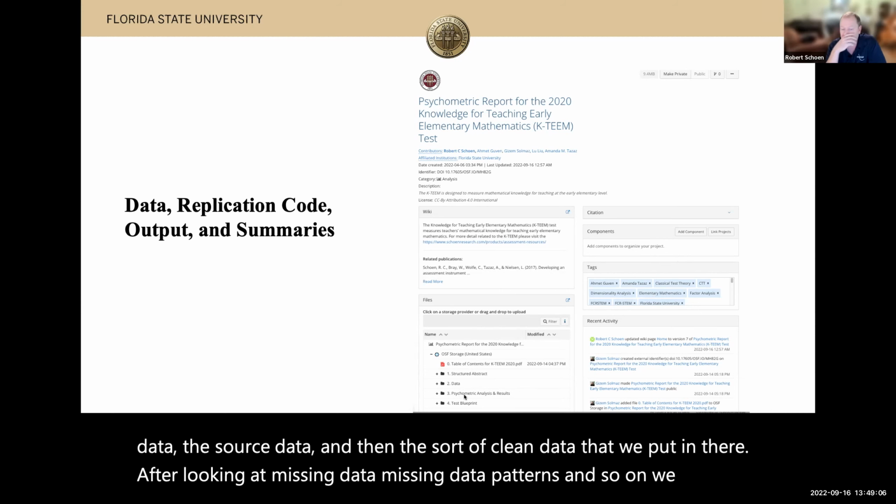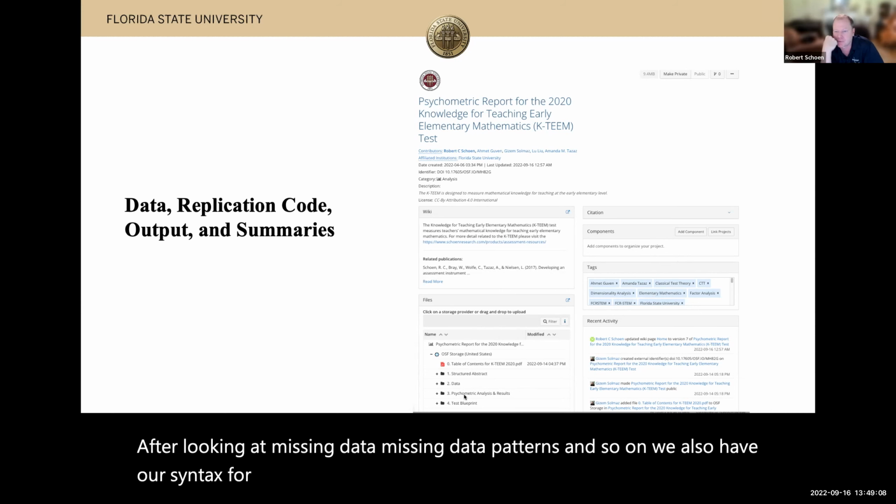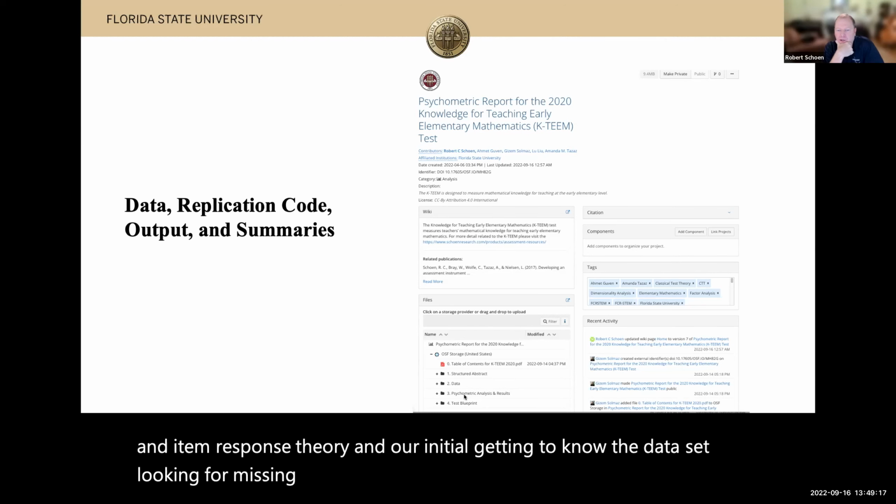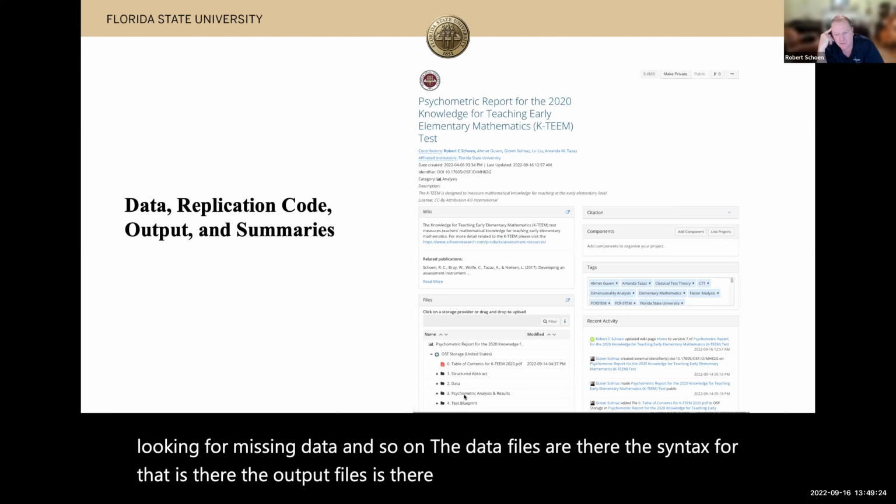We also have our syntax for our psychometric analyses, both using classical test theory and item response theory, and our initial getting to know the data set, looking for missing data and so on. The data files are there, the syntax for that is there, the output files are there, and a summary of what we found in the test blueprint.